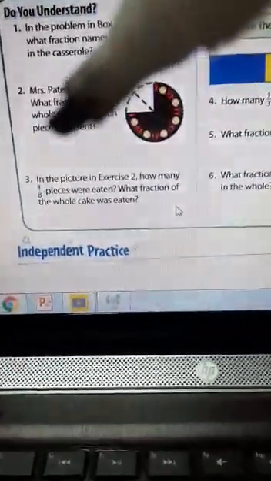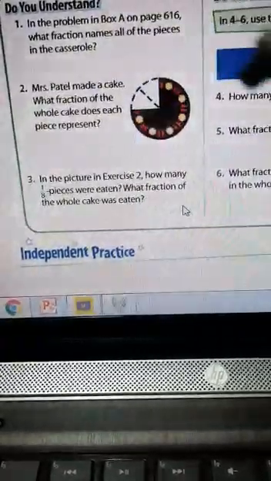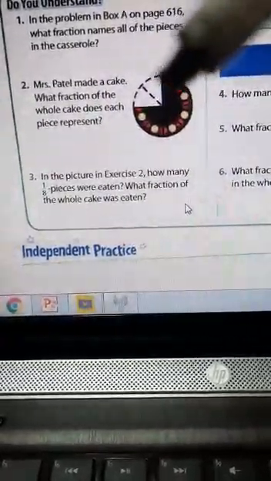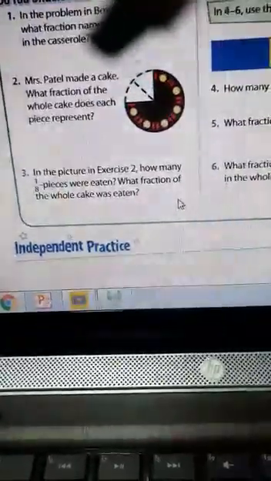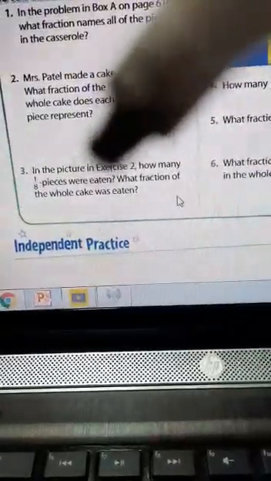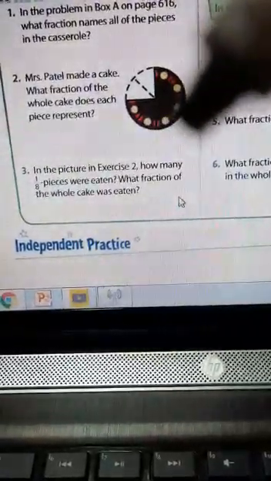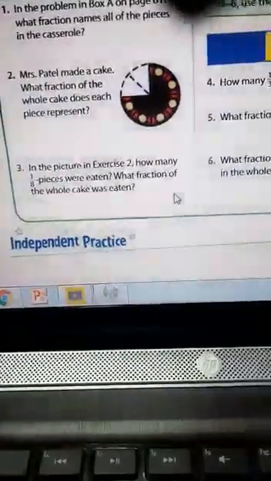Now, in the picture in exercise 2, again, how many 1 of 8, each unit, pieces were eaten? How many 1 of 8 eaten? What fraction of the whole cake was eaten? You will tell me how many eaten, each one. How many? 1, 2, what do you think?